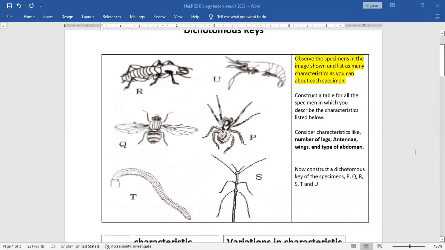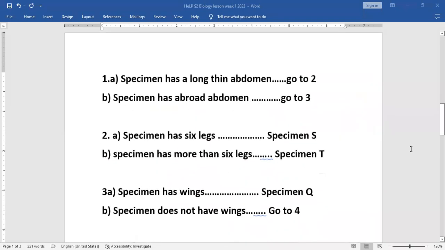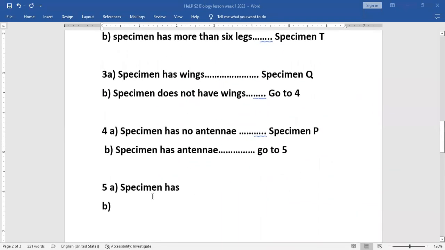Beautiful. So can all of you finish it up in the way you want? And you're going to share with us how you finished. You can use number of legs as you said. You can use number of antennae. You can use number of body parts.